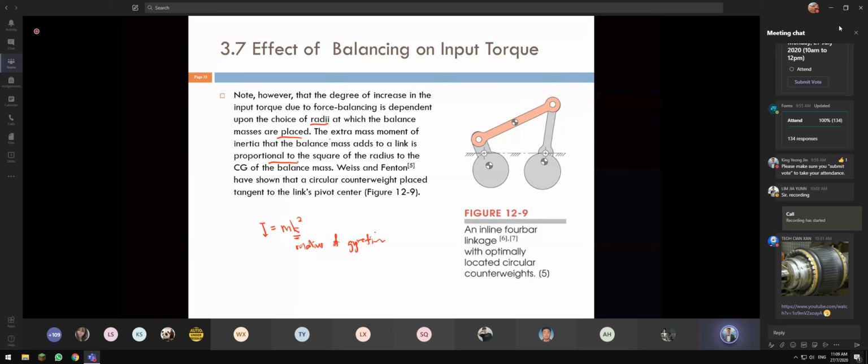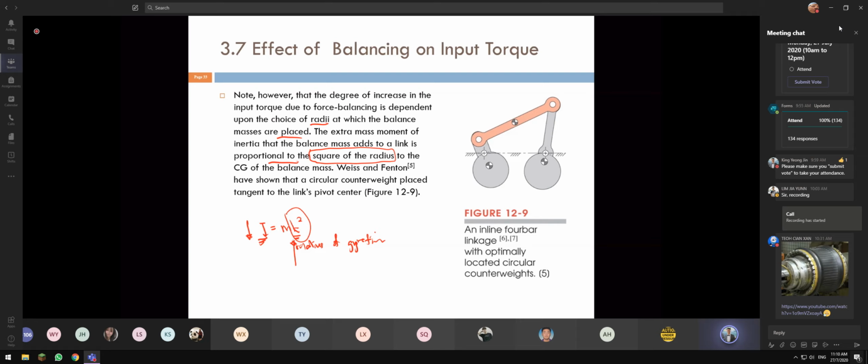That's why he mentions the square of the radius. So by greatly reducing the radius of gyration of the link, we will be able to reduce the variation of the mass moment of inertia.